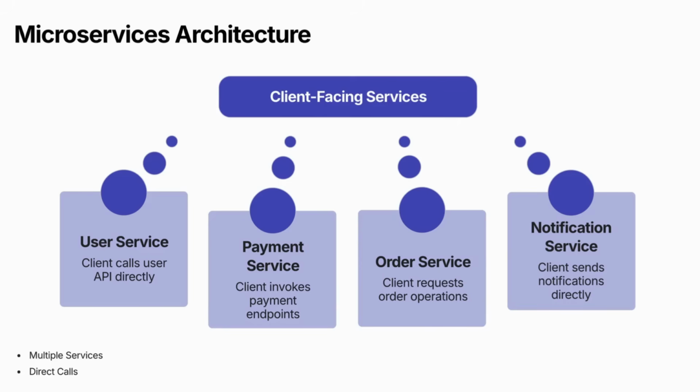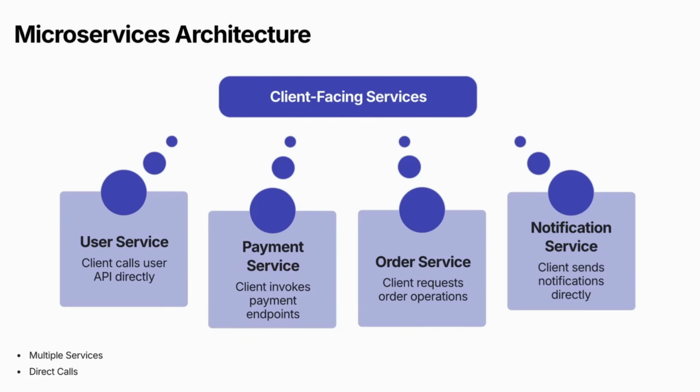At first this looks great because now we have independent deployments, independent scaling, and better ownership. But now think from the front end, from your client perspective. Now your mobile app or web app suddenly needs to know which API belongs to which service, because your UI will have to determine and call that particular service inside your architecture.